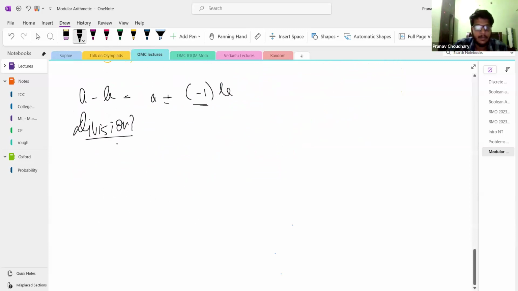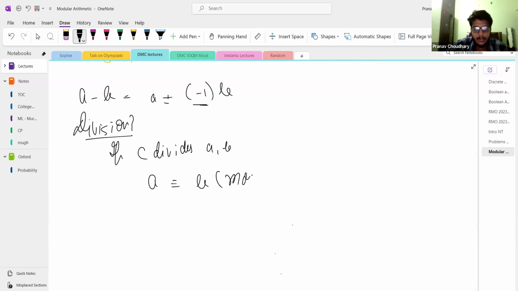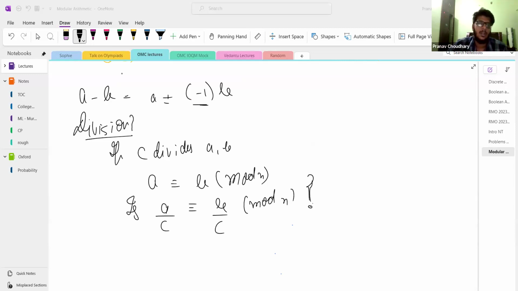So let's say C divides A and B, and A is congruent to B mod n. Is A by C congruent to B by C mod n? Always. Okay, one person says no. What about other people?